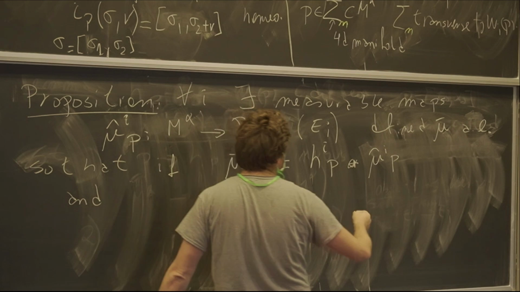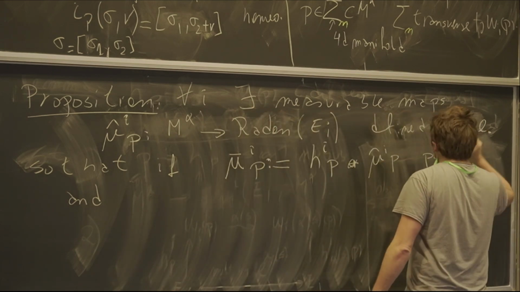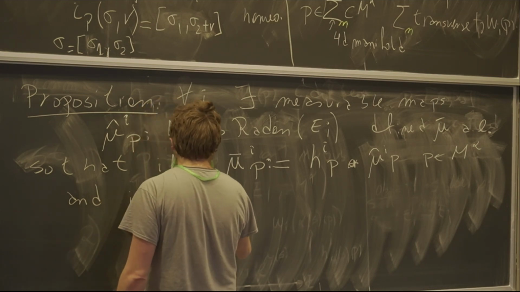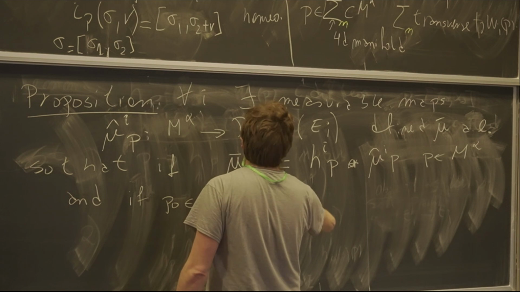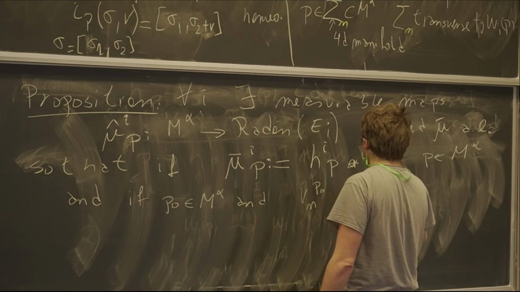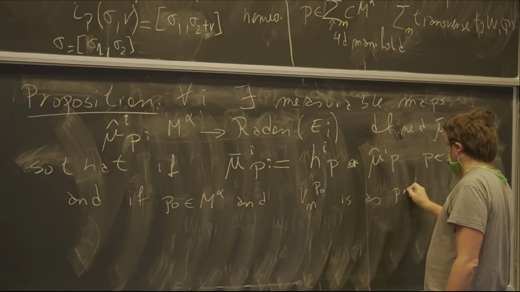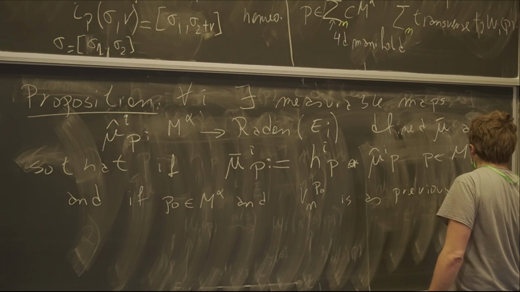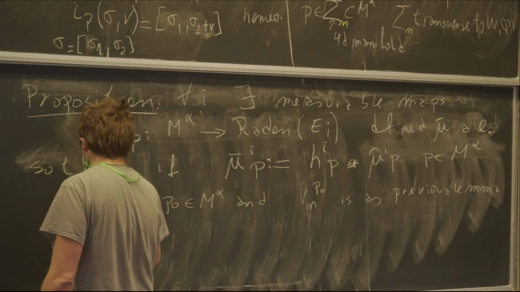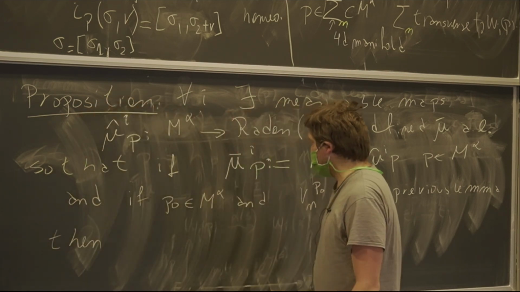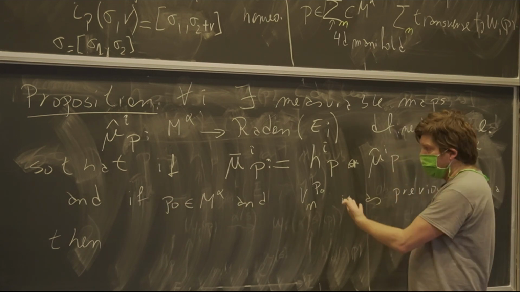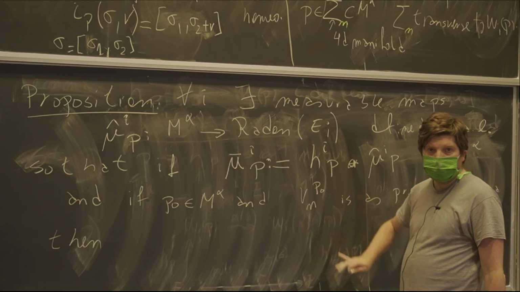And so this is for p in M alpha, and if p naught is in M alpha, and this B_n p naught is as in the previous lemma, then I can apply Rocklin lemma to this neighborhood.